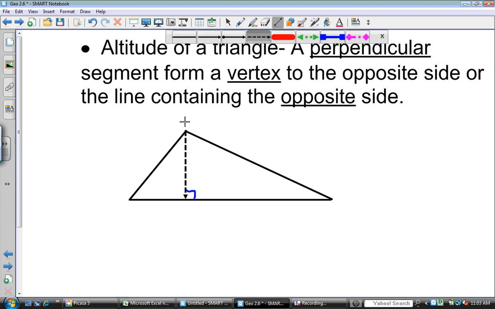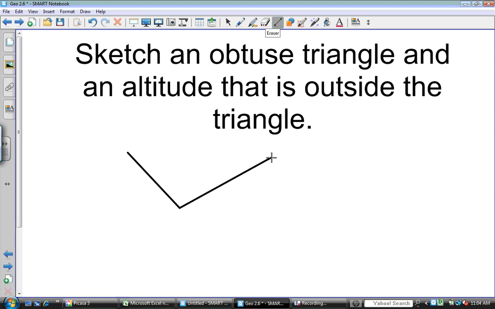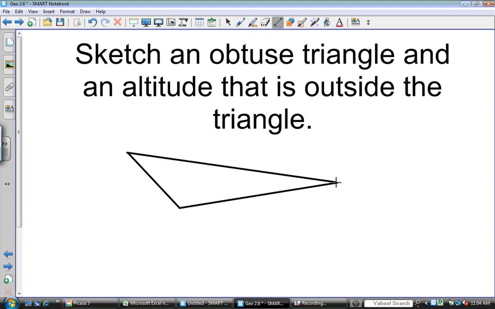I think it says sketch an obtuse triangle and then an altitude that is outside of the triangle. So let's do that. My last one is obtuse, but we can do it here. I have this triangle. Now, if I'm coming from this point, there's no possible point inside the triangle that would give me 90 degrees.